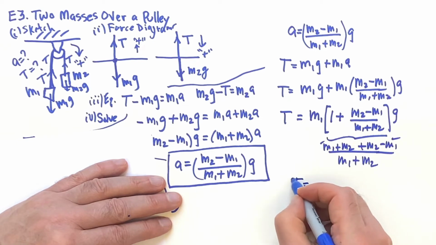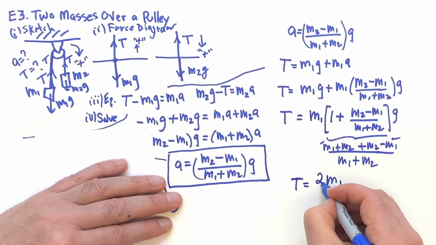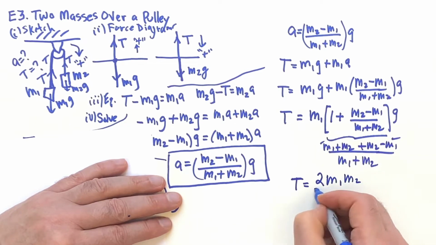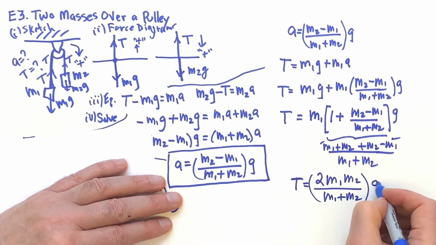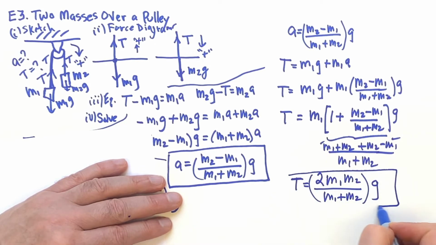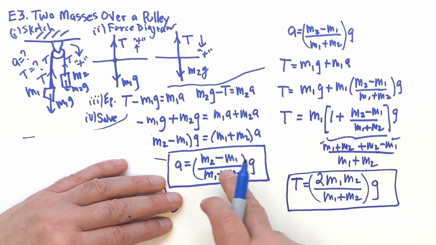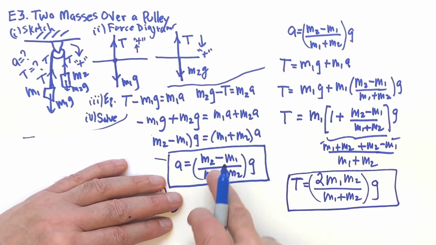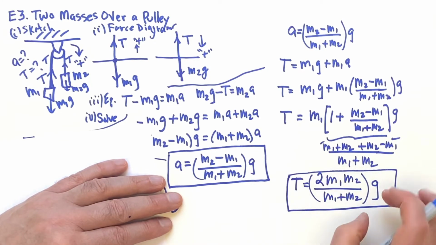And for the tension, you get M1, there's 2 here, M2 over the sum times g. Notice that the dimensions check out. This is an acceleration since the ratio is dimensionless, and here with the extra m factor, you have an mg kind of thing.